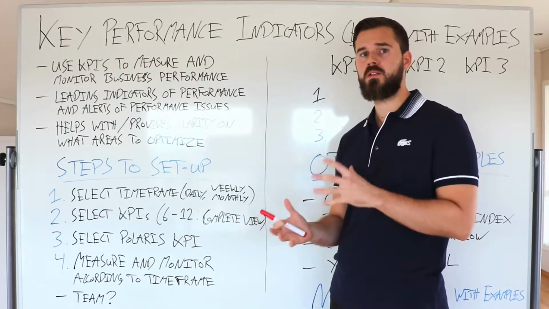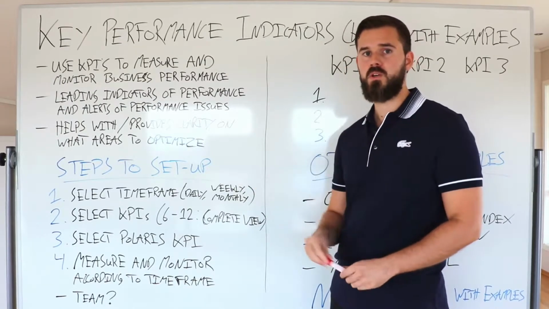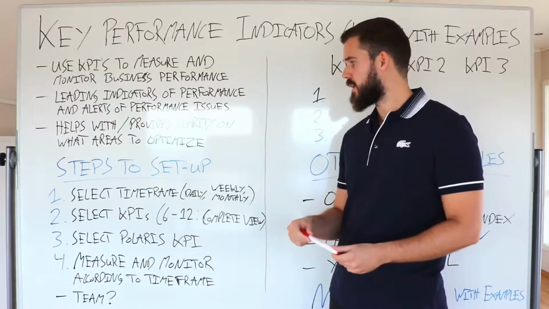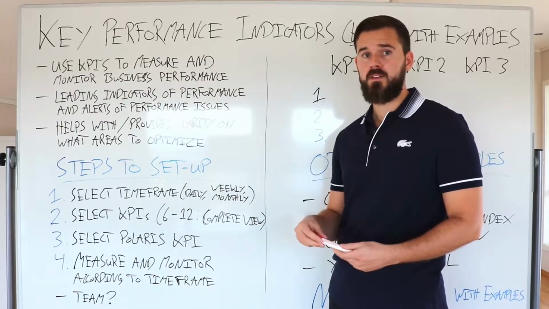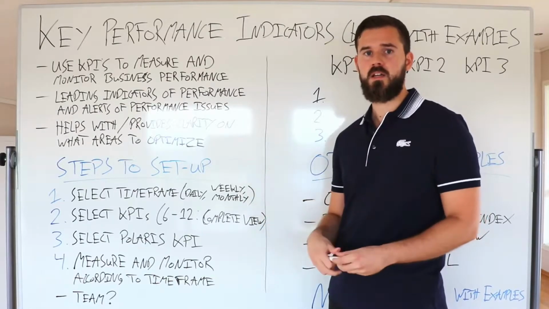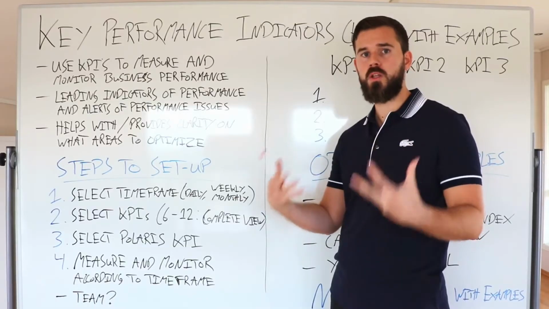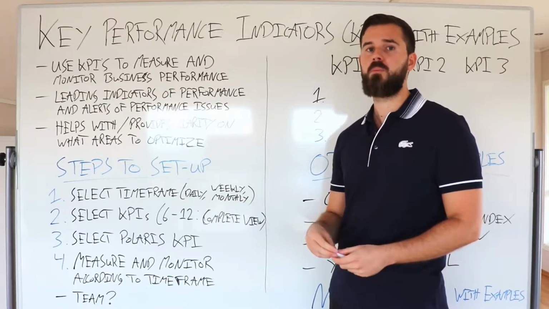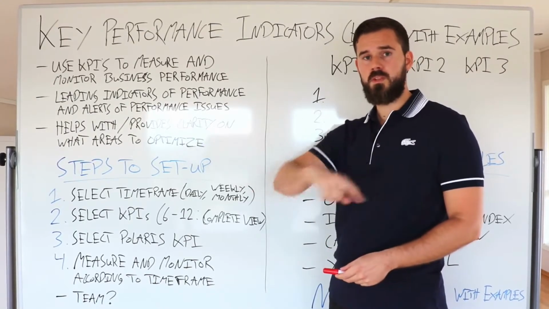So you want to balance speed with consistency. If your KPIs are on a very short time frame, like daily, and you don't have a lot of data coming through for every KPI on a daily basis, then you're going to have a lot of ups and downs day to day.